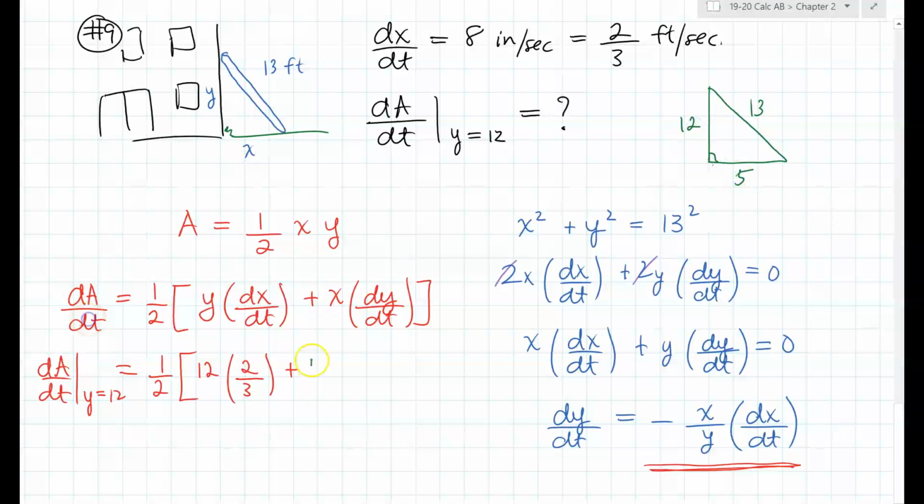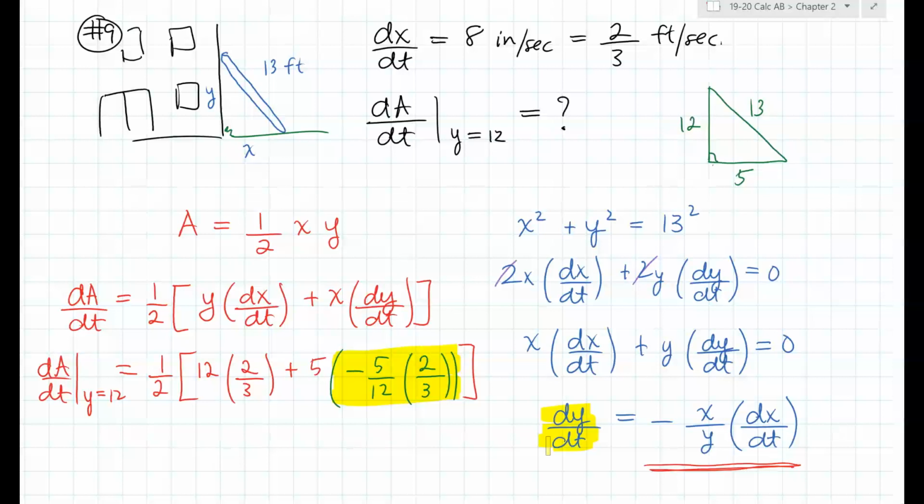Now, dy/dt is negative x over y, that's 5 over 12, times dx/dt, that's 2/3. The stuff in green comes from dy/dt, that's this stuff right here, comes from the work on the right side.